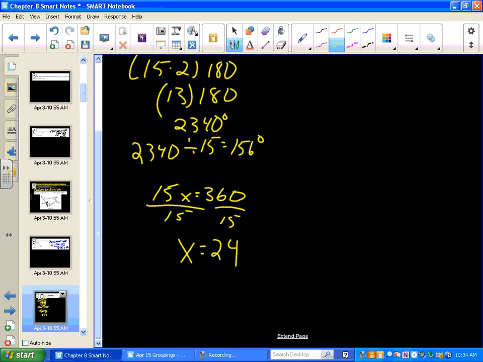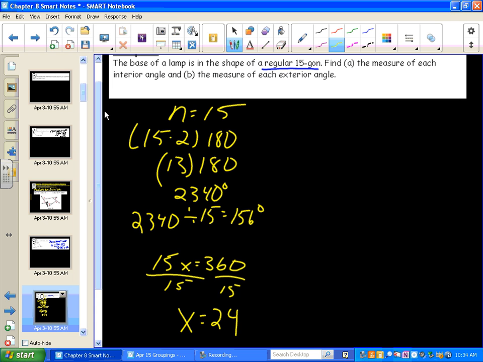Now, that's one way you could have done this, where you start with the interior angle, find that, and then find the exterior. What's another way you could have done it? Max actually wasn't that far off. Max, what could you have done first? You can start with the exterior. There are going to be 15 exterior angles.